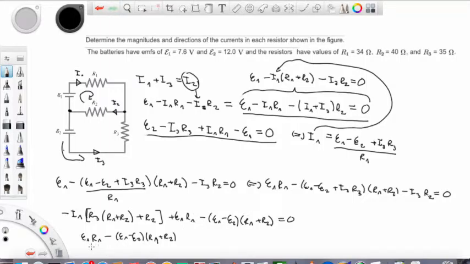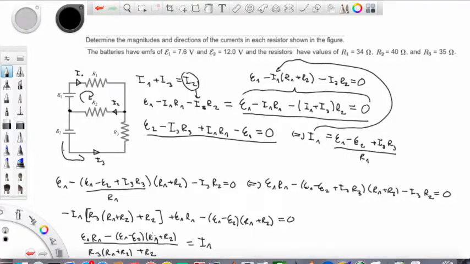That's it. Divided by this thing, R3 times R1 plus R2 plus R2. This whole thing equals I1.